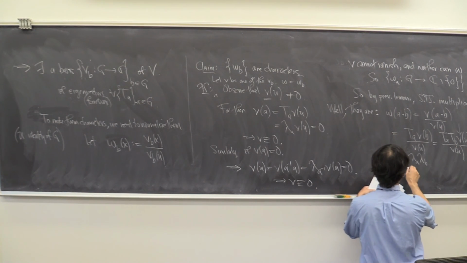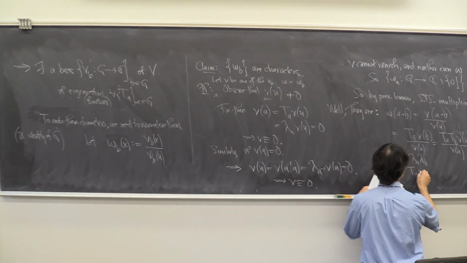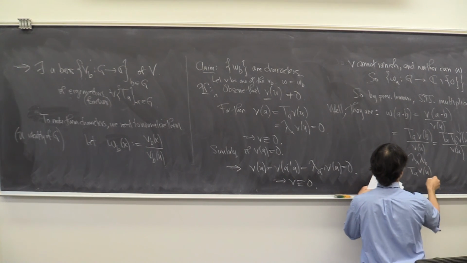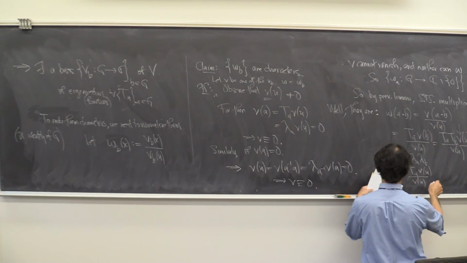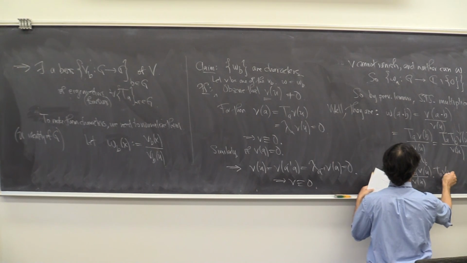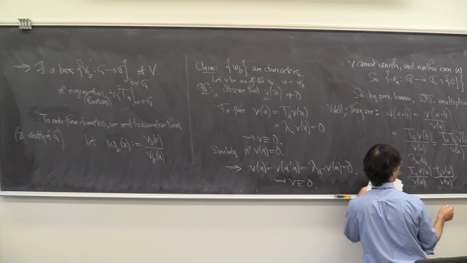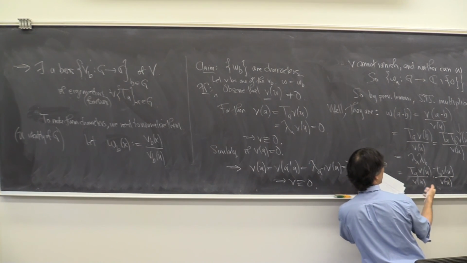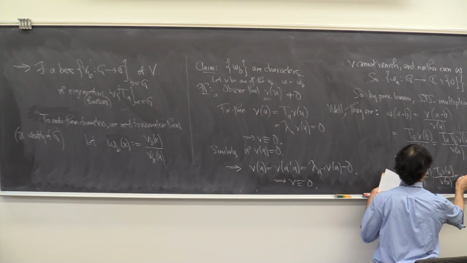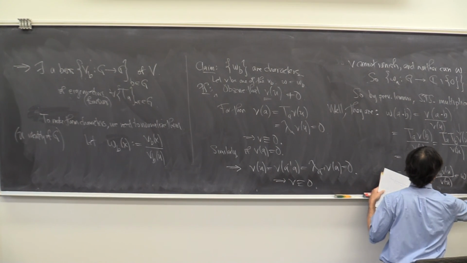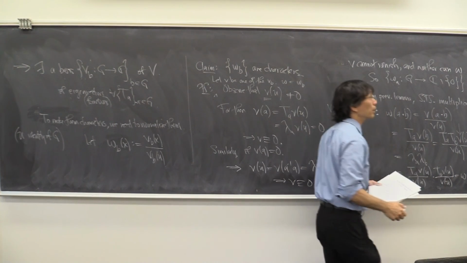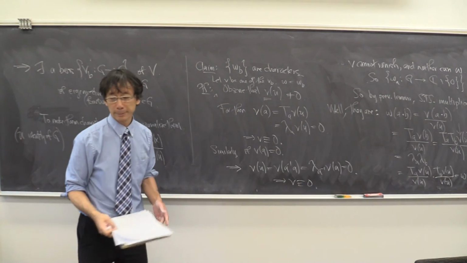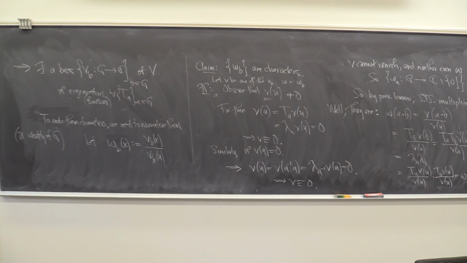That's the same thing as T_A V of U over V of U times T_B V of U over V of U, maybe spelling it out too much, which is W of A times W of B. Okay, so they are multiplicative, and so they are characters.